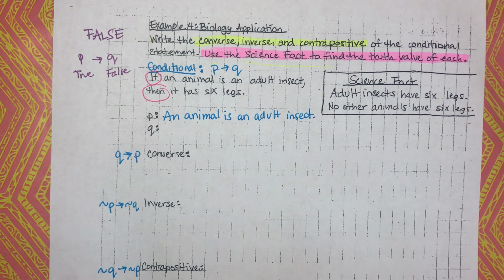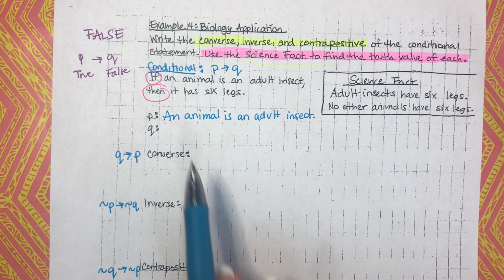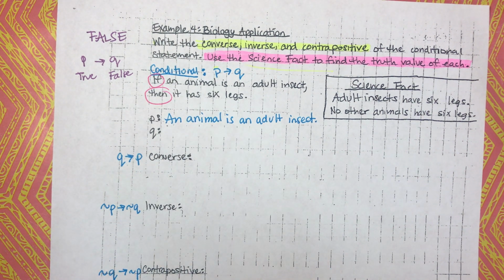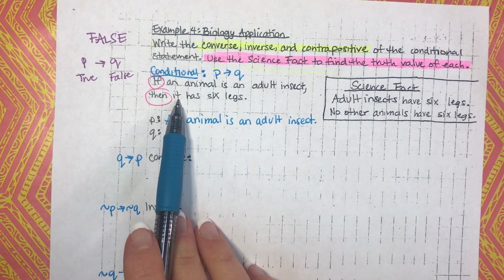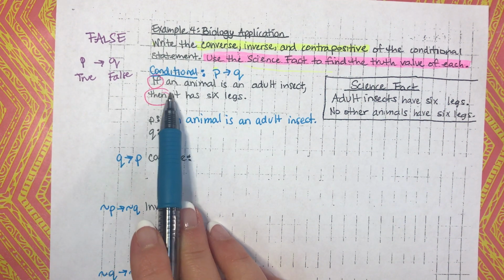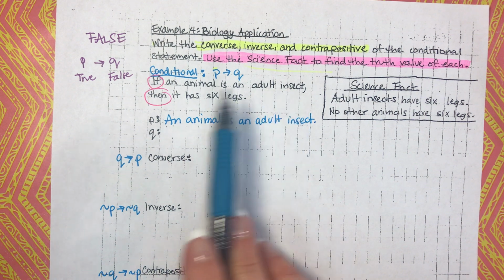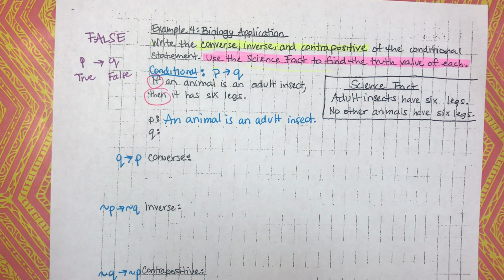An animal is an adult insect. And then after the word then would be our conclusion. It says, it has 6 legs. So we need to ask ourselves, well, what is it? If an animal is an adult insect, then it has 6 legs.